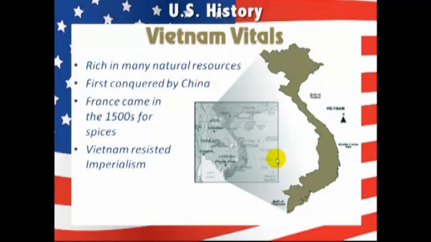And Vietnam, along with neighboring Cambodia and Laos, which you can see here is Laos right next door, and Cambodia down here, those three nations combined together to make up what became known as French Indochina. During the period of new imperialism, France conquered that whole area.